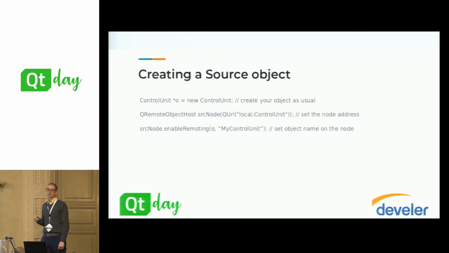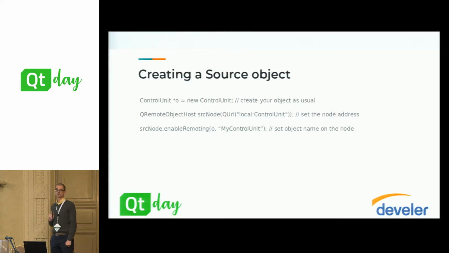Then you create a source node, which is of type QRemoteObjectHost node, and you give it a URL. You need to set this URL on the client as well. And then, this is the main point, you call enableRemoting on the source node, and you pass it the object and a name.